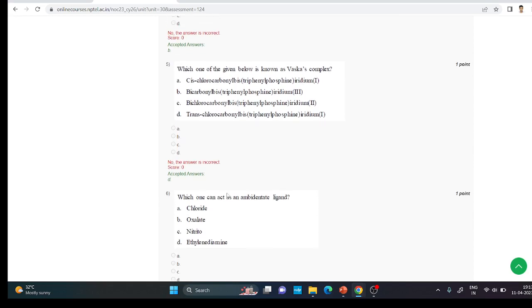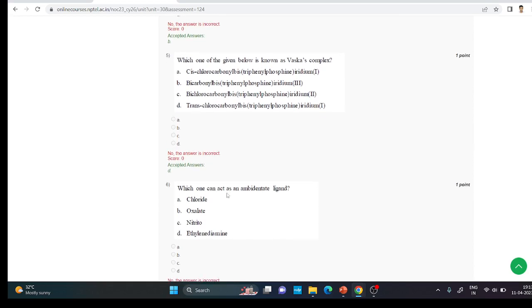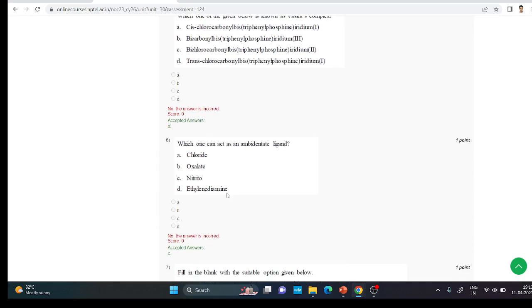Aha, ambidentate ligand. So here nitro is the right answer for ambidentate ligand. I tried the same, but they mention it is not the right answer. Why are you saying that nitrito is an ambidentate ligand?